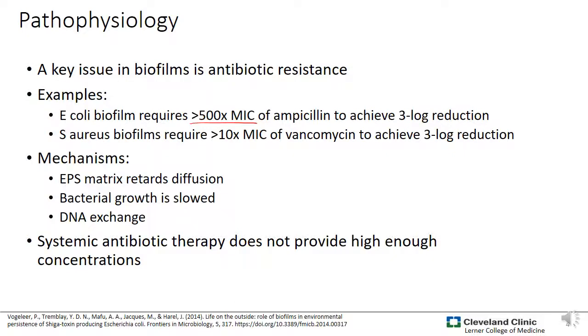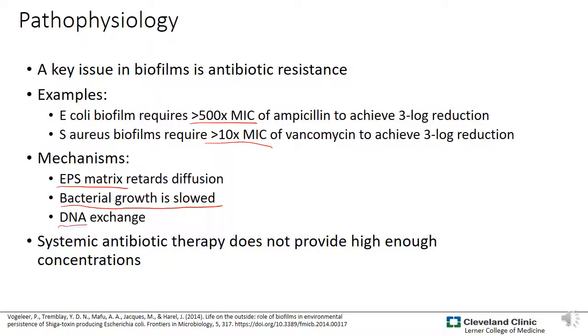In another study with Staph aureus, they used about 10-fold vancomycin dosing to achieve a log-3 reduction. Some of the mechanisms of this is thought to be the polysaccharide matrix that slows the diffusion of antibiotic to the bacteria. As I mentioned before, the bacterial growth is slowed, and therefore uptake of antibacterial substances is also slowed.